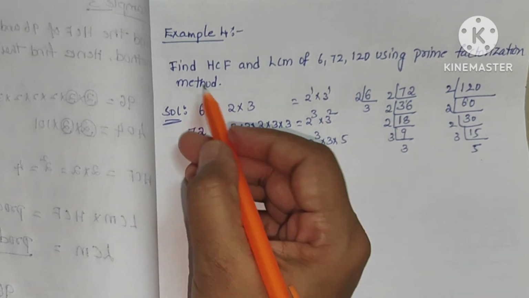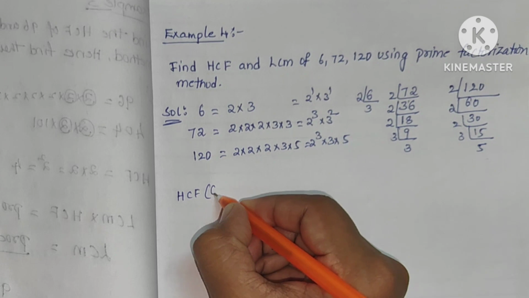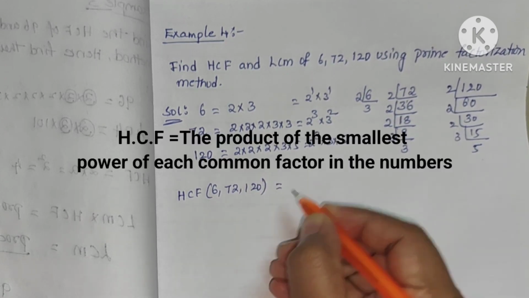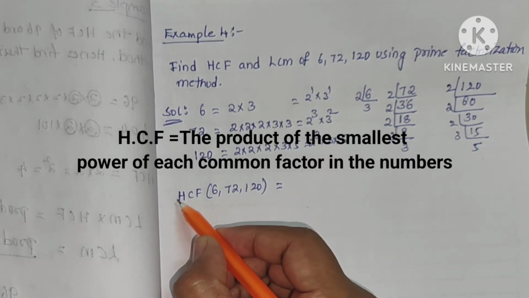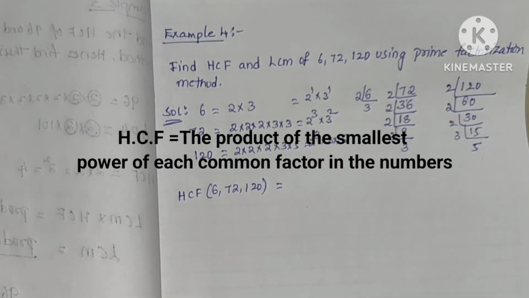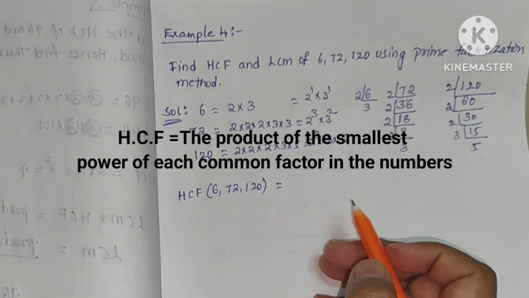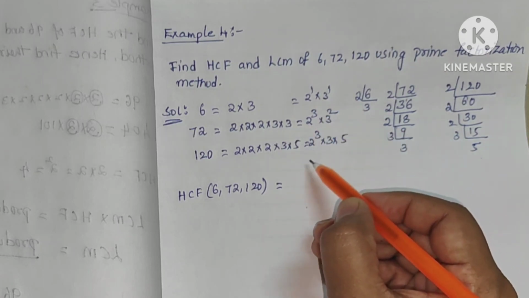Okay. So first HCF. HCF of 6, 72, 120 is equal to. So what is HCF? Highest. So I told you to remember in opposite. Product of the smallest power of each common factor. First of all, the common factor is 2, right?